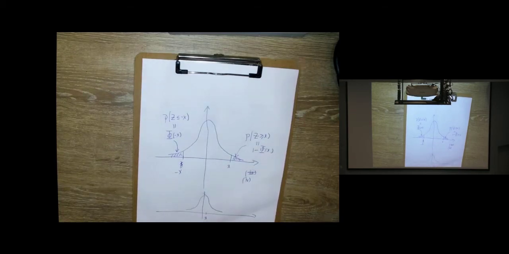Suppose this is X. This is just saying that the probability that Z is less than or equal to X is, of course, the same as 1 minus this area.